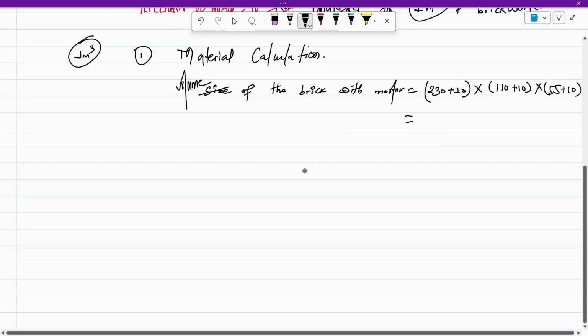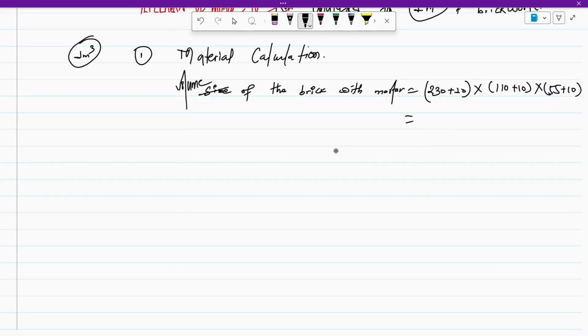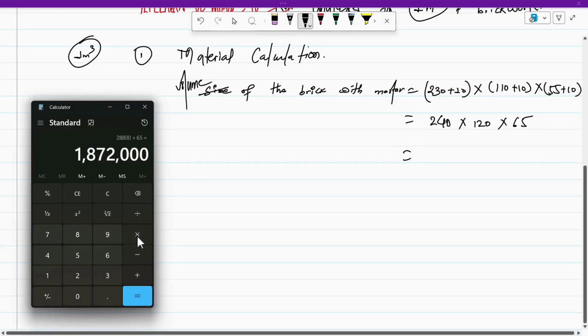Because the mortar is on all sides of the brick, this is equal to 240 times 120 times 65, which is equal to this much volume in mm cube.